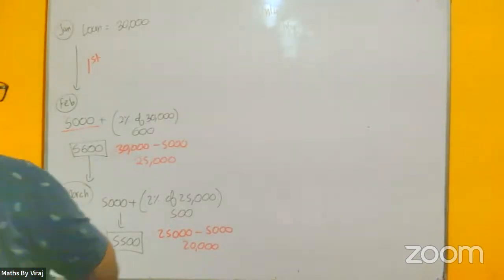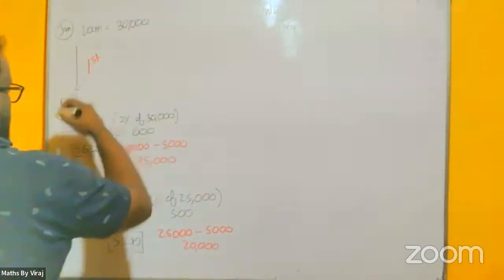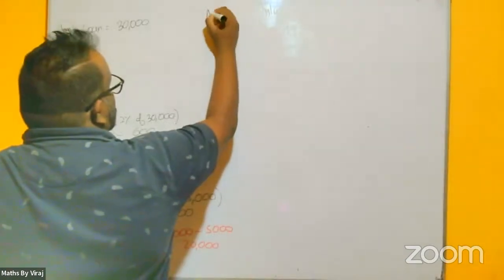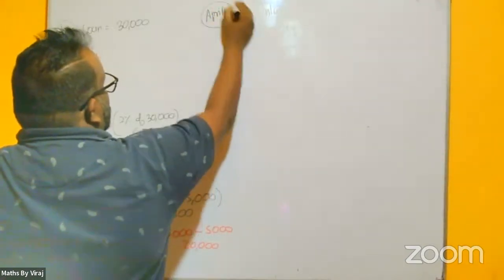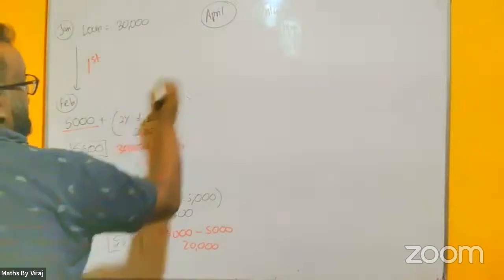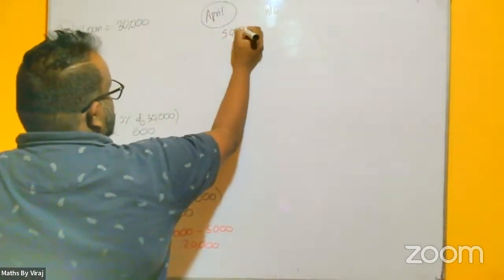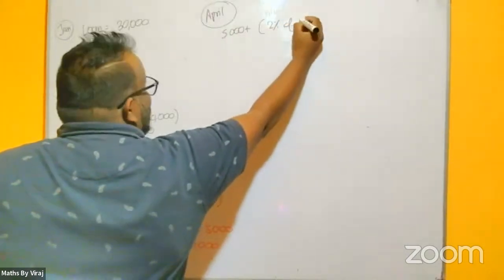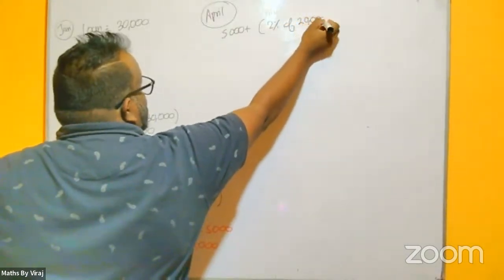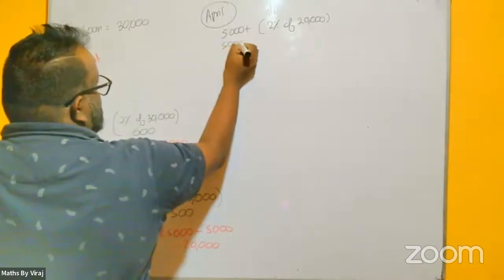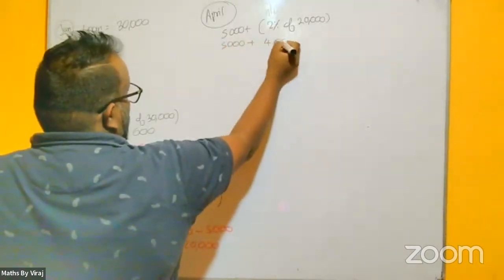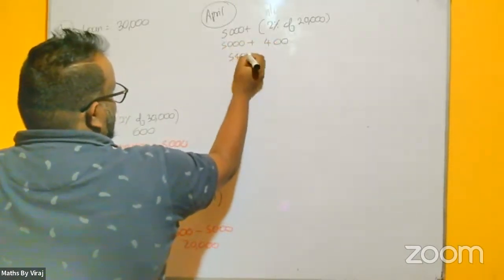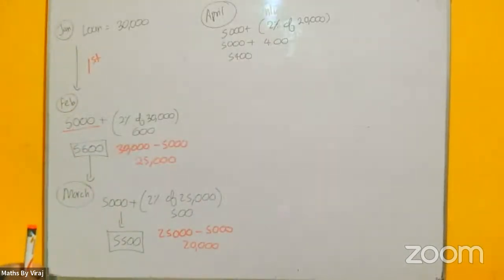So we go for the month of February, March, April. In the month of April, what is going to happen, children? Again, 5,000 plus 2% of 20,000. That is 5,000 plus 400. 5,400 is being paid.